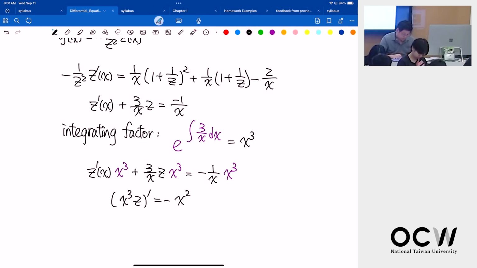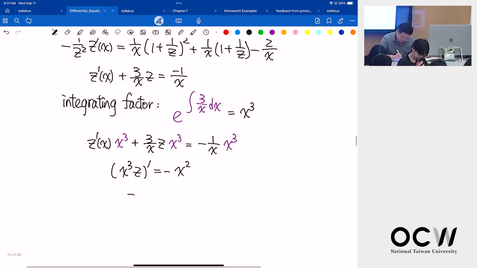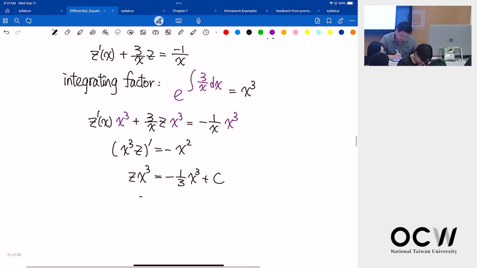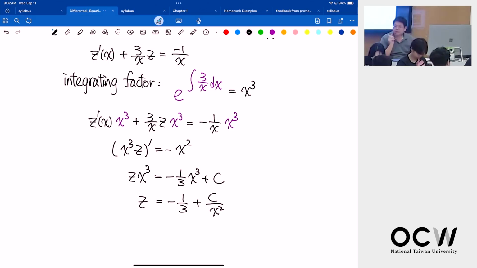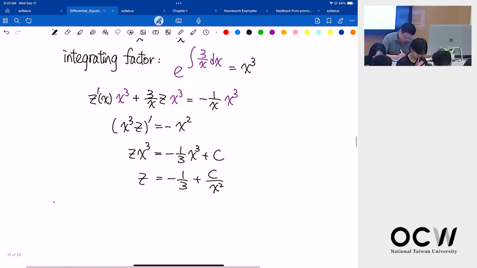Then you have z x cubed equals minus 1/3 x cubed plus a constant c. Then you get your z. Okay, z is not your solution. Remember that your solution is y equals 1 plus 1 over z.